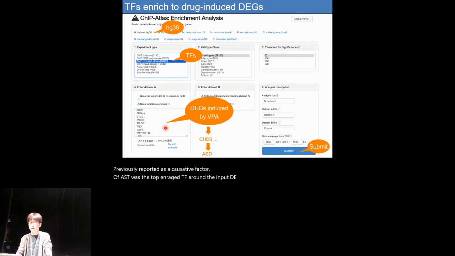And this suggests that VPA may contribute to ASD through the inhibition of CHD8 binding.